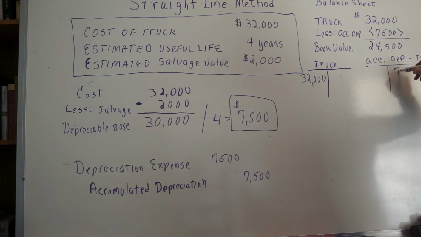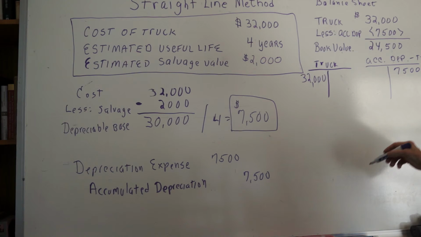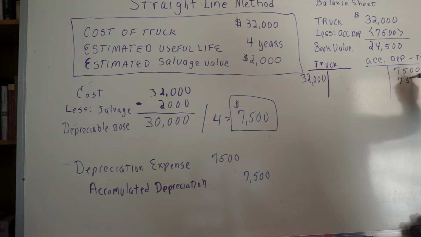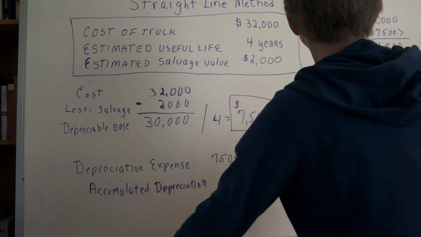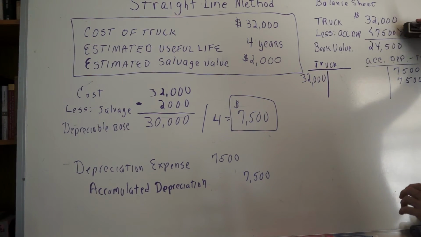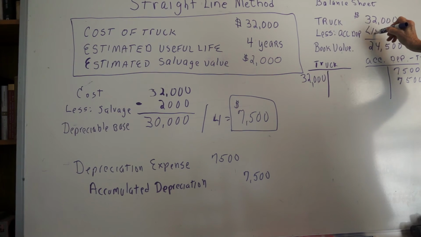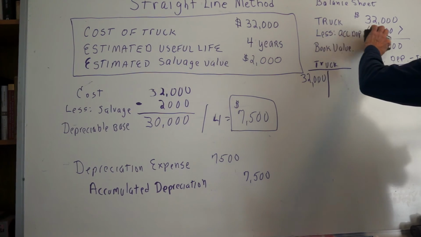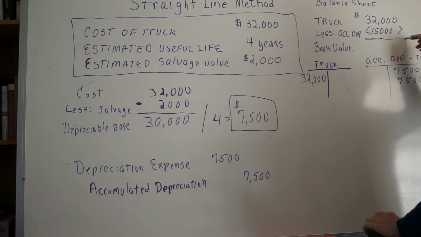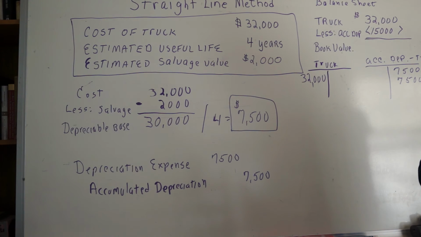In year 1, we've got $7,500 in it. At the end of year 2, we'd make the same journal entry, and we'd have another $7,500. Except now, when you go to say in year 2, truck less accumulated depreciation, now it's the total of these two, because you've accumulated $15,000 in depreciation, and so now your book value reflects the fact that we are using up this truck.